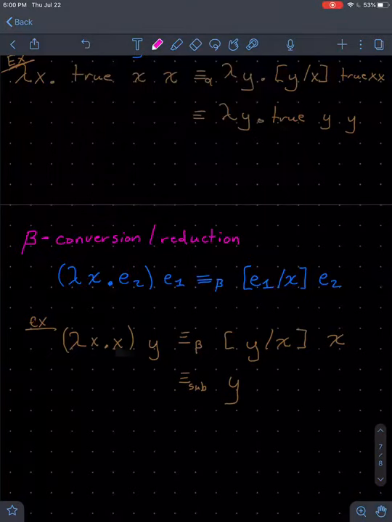Questions about beta reduction? Are we still all with me? We've been quiet in chat for the last 12 minutes. Hopefully everyone's with me. If not, you know where to type.